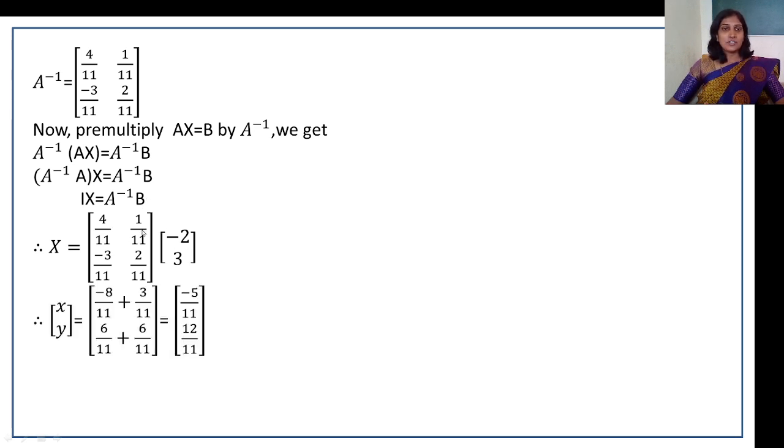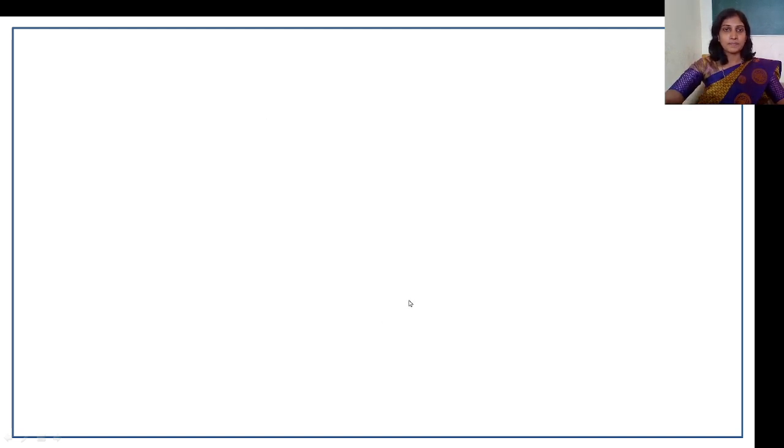Multiply this first row, first column, that is minus 8 by 11 plus 3 by 11. Its addition is minus 5 by 11. Then second row, first column, its value is minus 12 by 11. So by equality of matrices, X is equal to minus 5 by 11 and Y is equal to 12 by 11. This is our required solution.